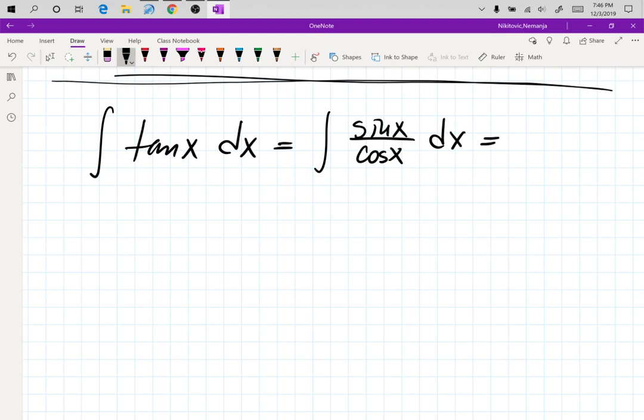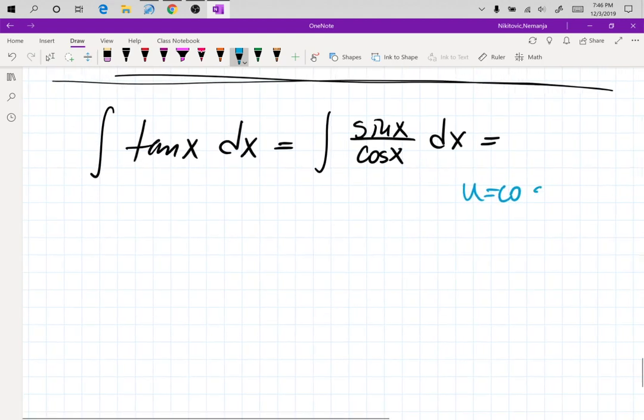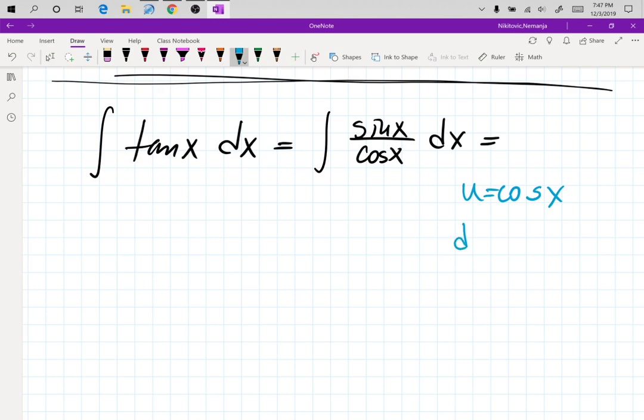So what's u? Cosine x. Cosine x. Very good. Why cosine x? Because you have sin x, because your du has to be up there, right? dx has to be in the numerator. So the derivative of this is negative sine x dx.